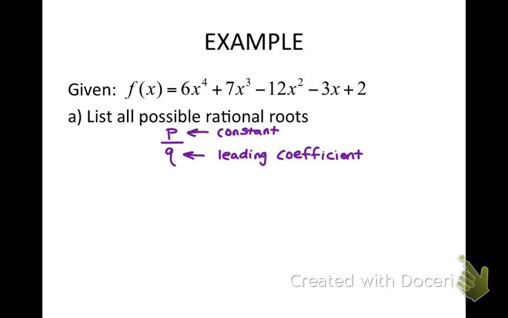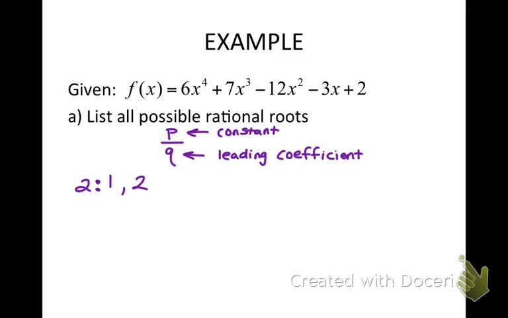Then we're going to do factors of them. So what is my constant term here in that polynomial? It is 2. Does everybody see why 2 is the constant? Doesn't have an x attached to it. So if 2 is my constant term, what are all factors of 2? 2 and 1, so I'm going to put 1 and 2.